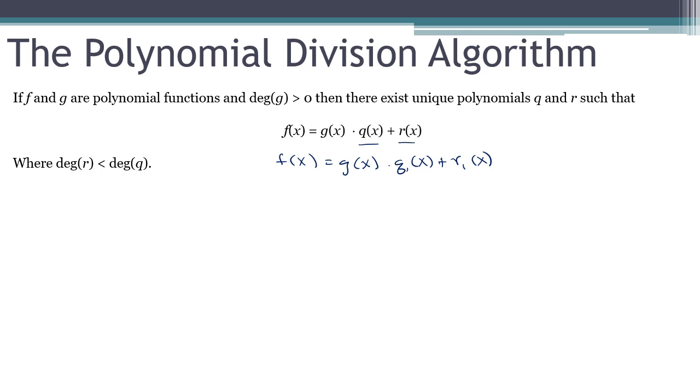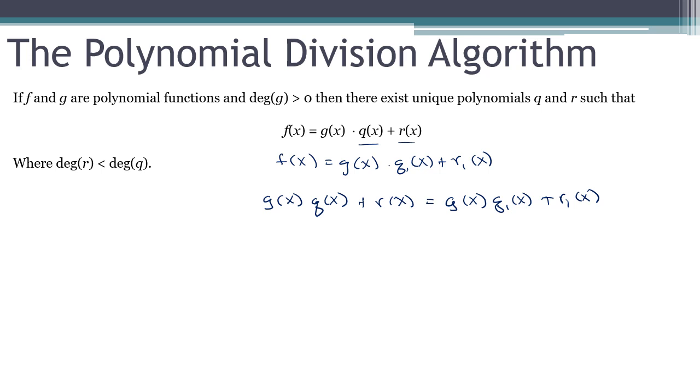Okay, well, if that's true, if both of these things are equal to f, then they must be equal to each other. So g of x times q of x plus r of x must also equal g of x times q1 of x plus r1 of x. All right, so what I'm going to do here, I'm going to rearrange things a little bit. I'm going to bring the r's onto one side and everything else onto the other.